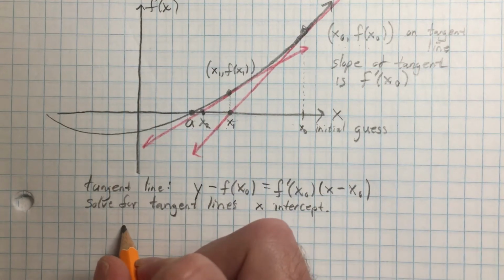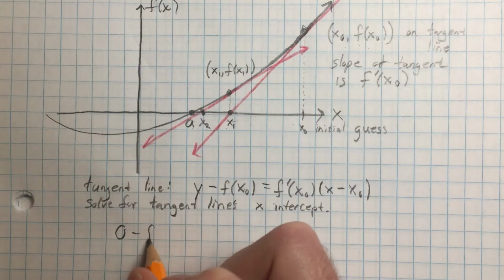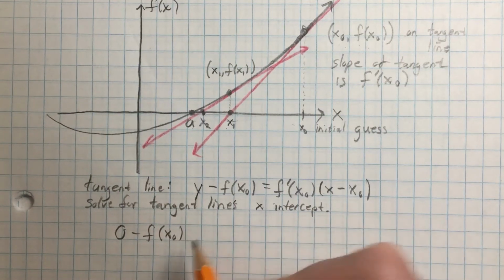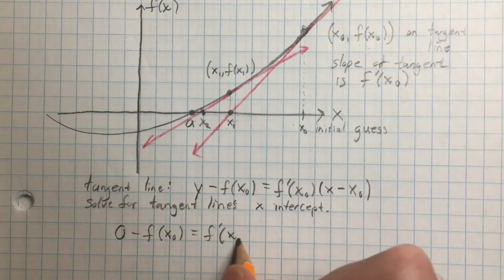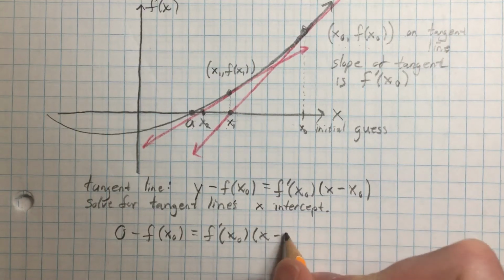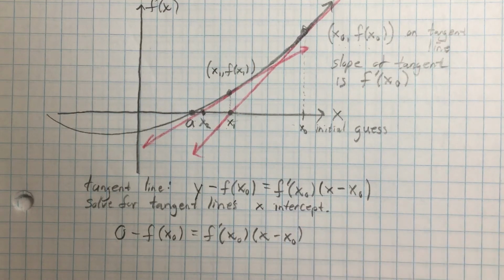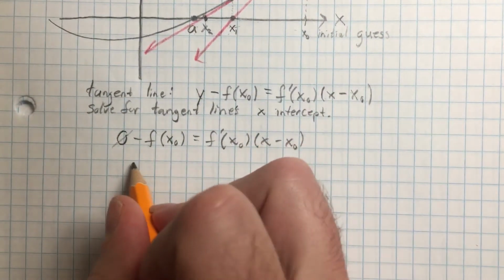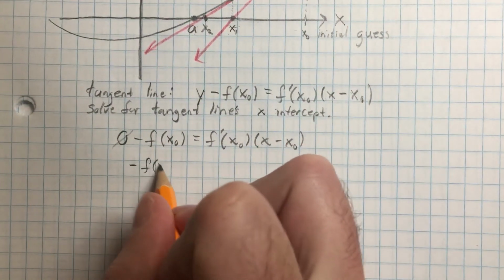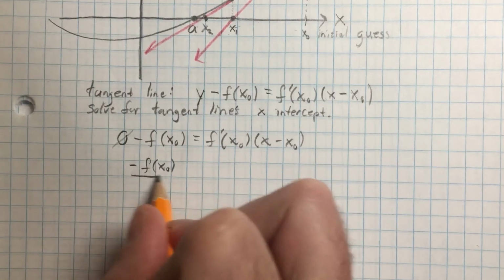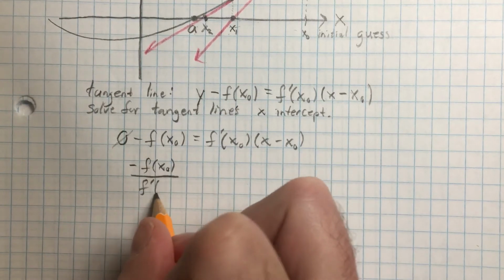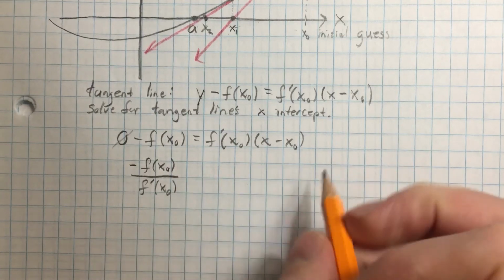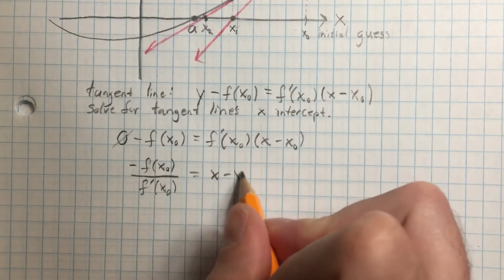Okay, so we'll have 0 minus f of x naught equals the derivative at x naught times x minus x naught. All right, so I should just divide off by f prime of x naught over here. So we'll get negative f of x naught divided by f prime of x naught equals x minus x naught.